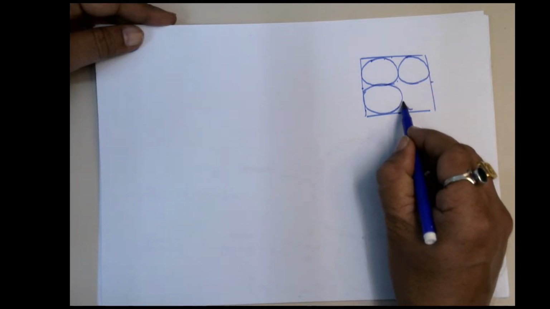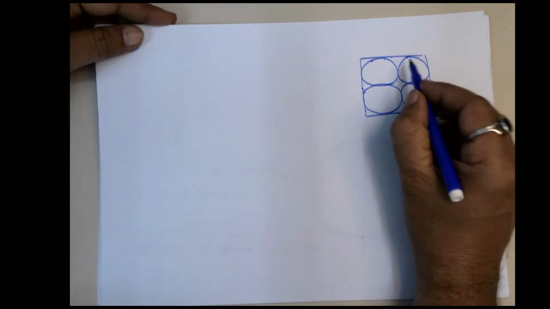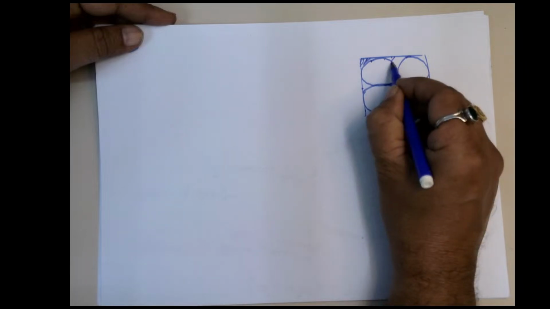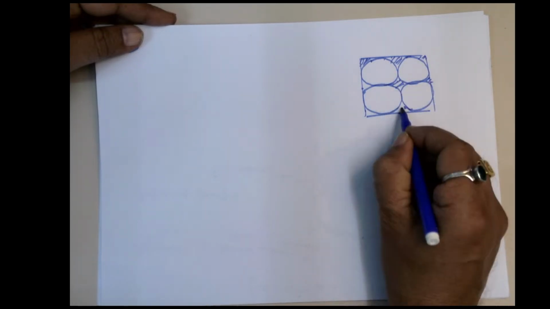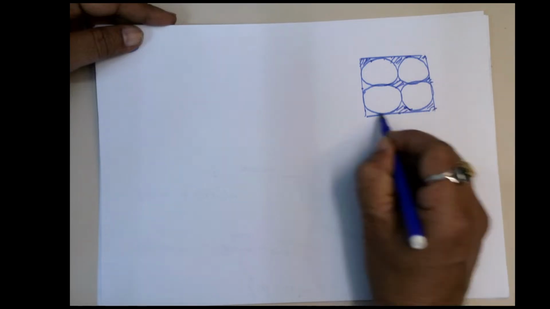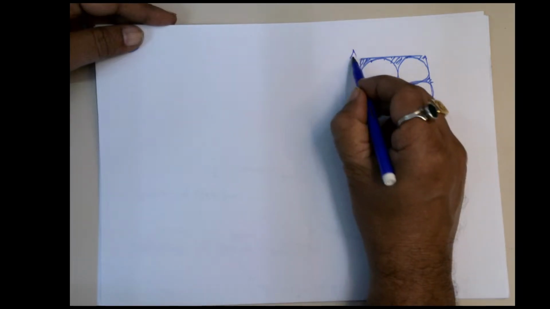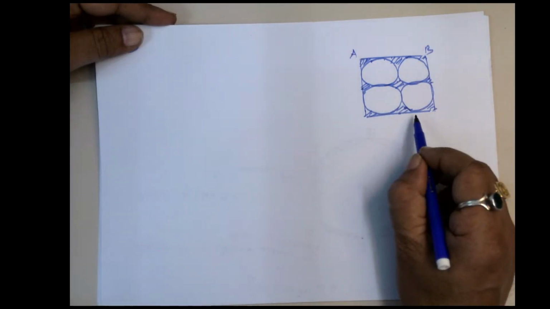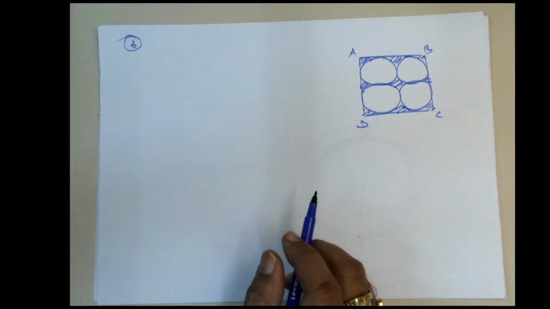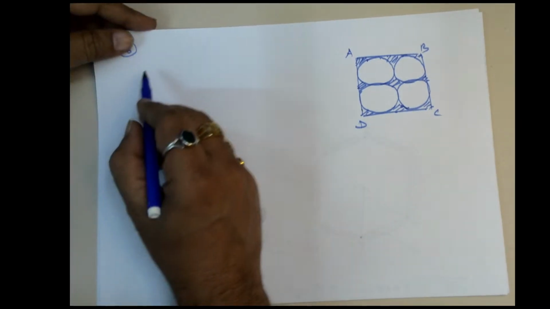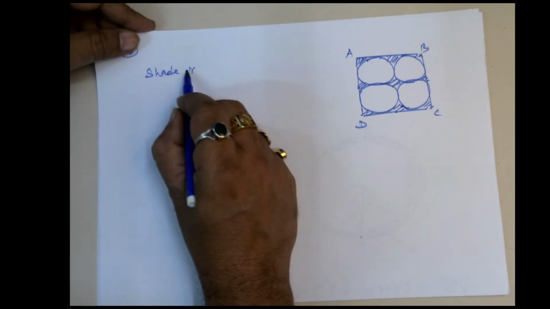Okay, all are equal circles. Now the shaded area is only this portion. So you have to find out the area of shaded portion, right? A, B, C and D. Find the area of shaded region. Shaded region, shaded area.